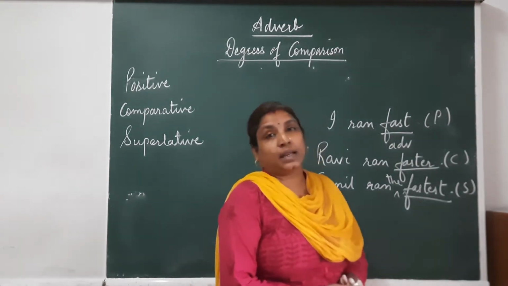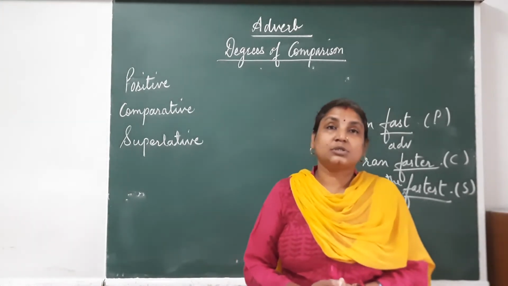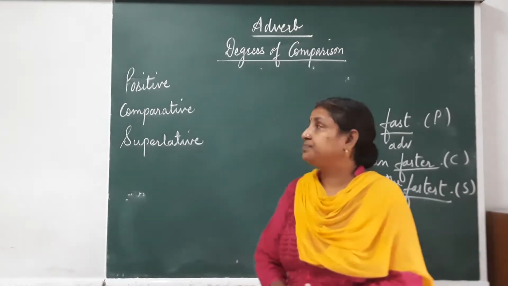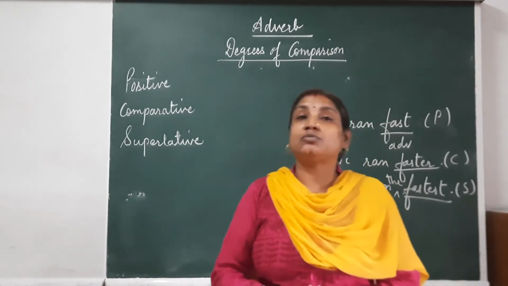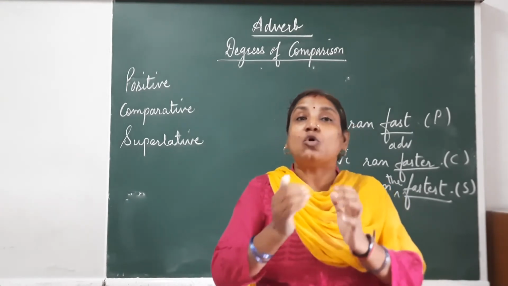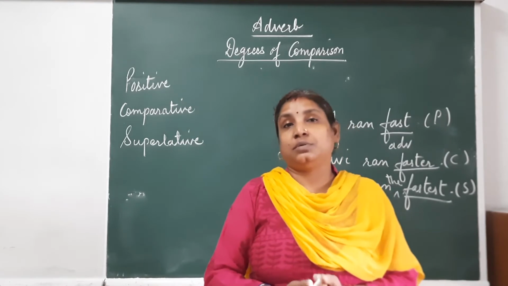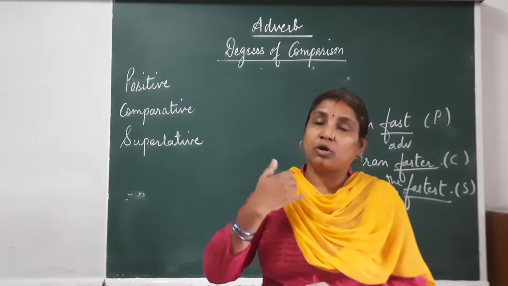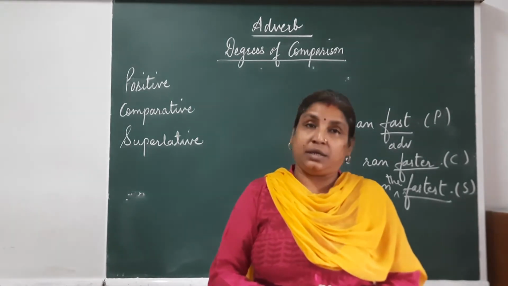Now let's begin and understand each type, and then we will take some examples of how to frame them. Beginning with the positive degree. Positive degrees are the base forms of the adverbs, meaning pure adverbs, which do not compare with anyone. I ran fast, so I am talking only about myself. I am not comparing myself with anyone.